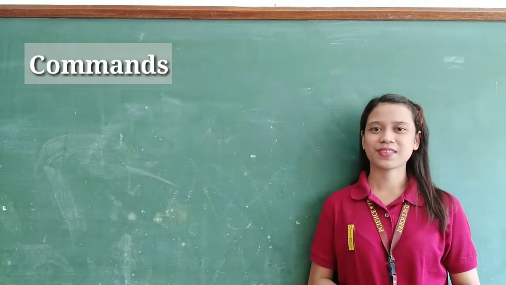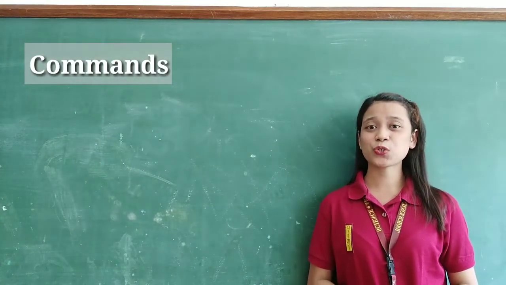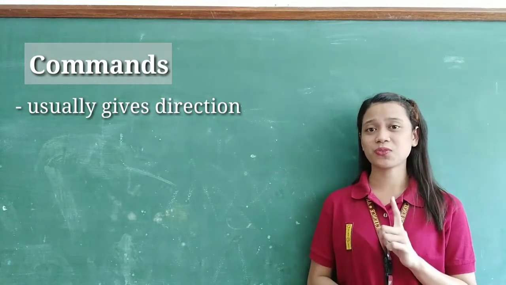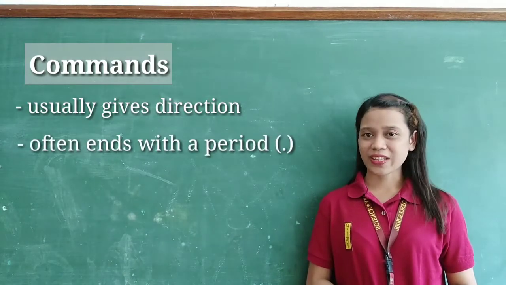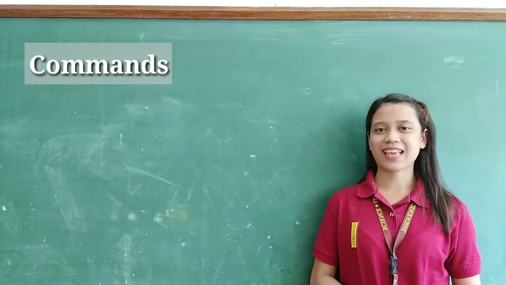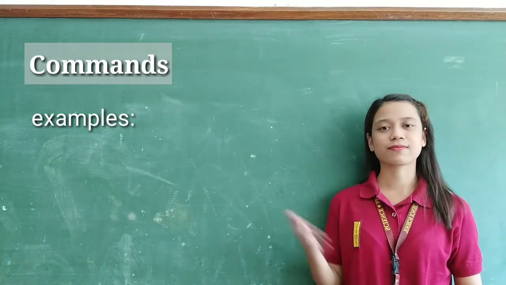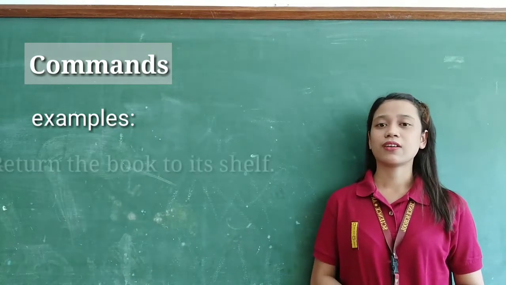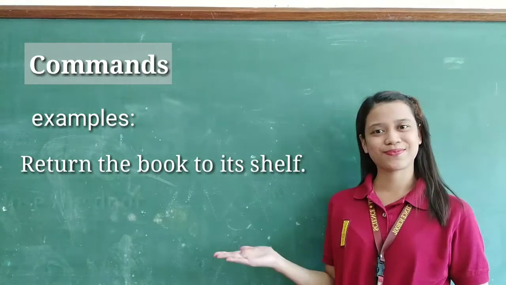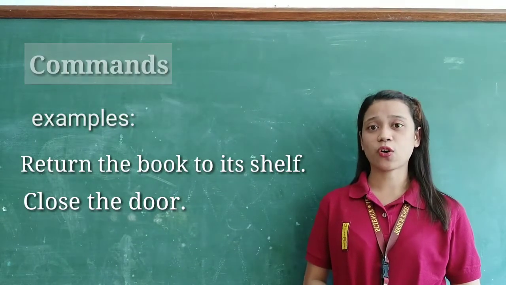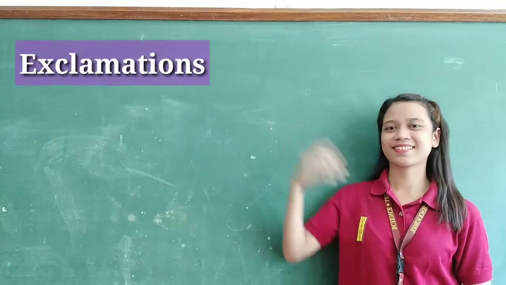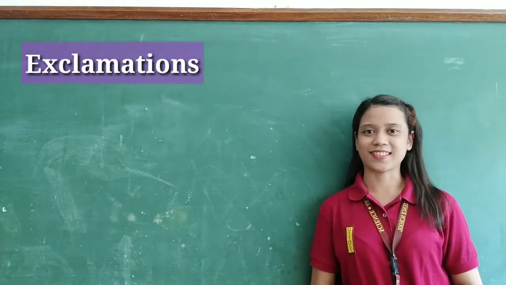Next, we have commands. Commands usually give directions. Also, it often ends with a period. Example. Return the book to its shelf. Close the door. And the last one, exclamations.